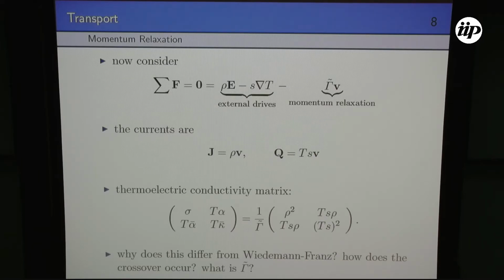If they could both be valid, how do you cross over between them? And one other question that we should also ask is, what is this scattering coefficient gamma twiddle? Can we relate it to what would have been the scattering time tau, were the Wiedemann-Franz law valid? So these are all questions that I'll at least highlight the answers to in the rest of the talk.